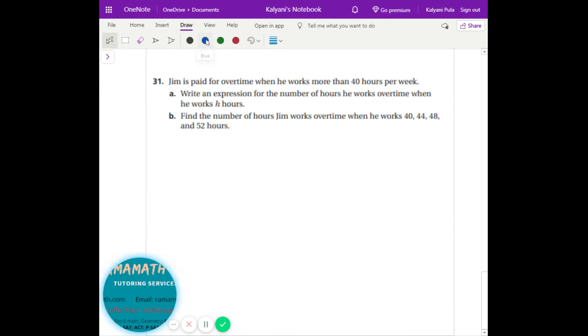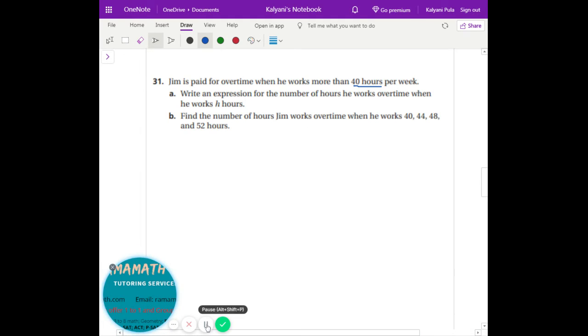Okay, so then this one. Jim is paid overtime when he works more than 40 hours per week. So write an expression for the overtime when he works H hours. Okay, so 40 hours is the regular time. Anytime it's extra, more than 40 hours, that's what he's going to be paid overtime for, right?